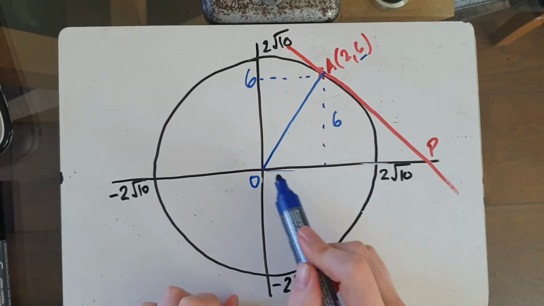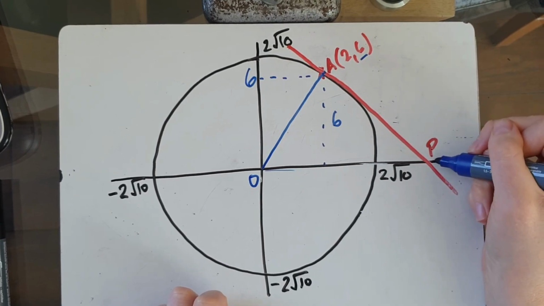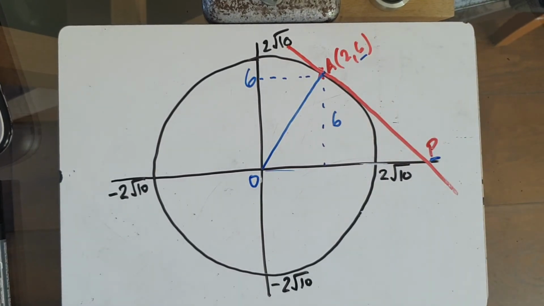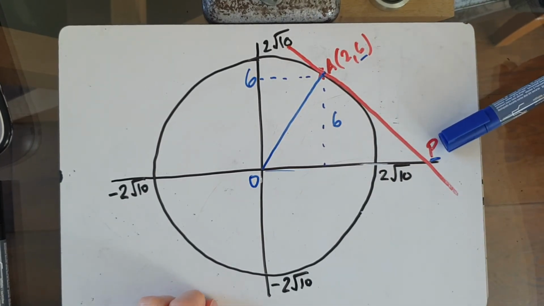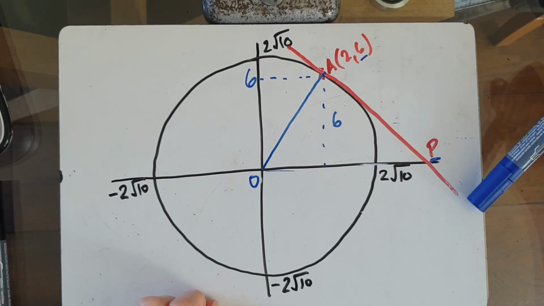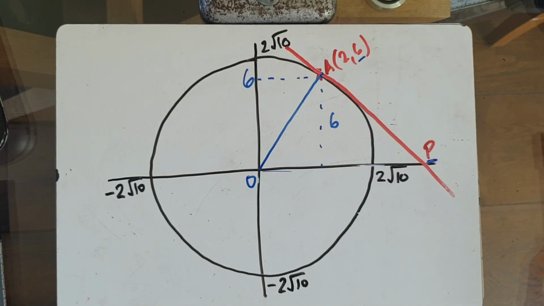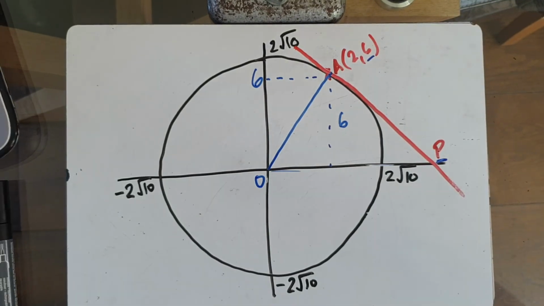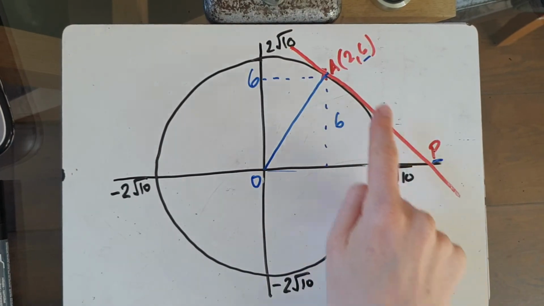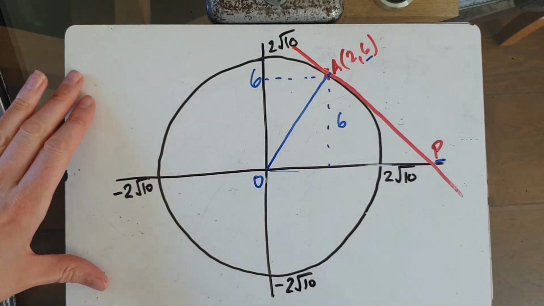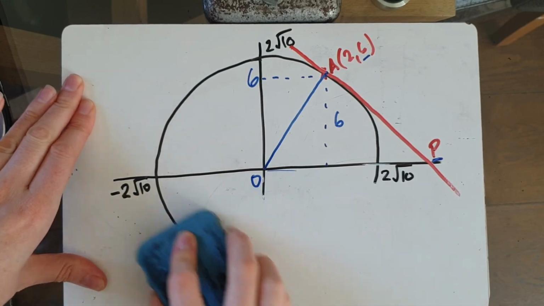To find that length there, all we need to find is this point P. And to find that point P, if we find the equation of this tangent, we will be able to work that out. So it is just the same as the last question. Because we're now only working in this quadrant, I'm going to get rid of some of this so I can do some working on the rest of the board.